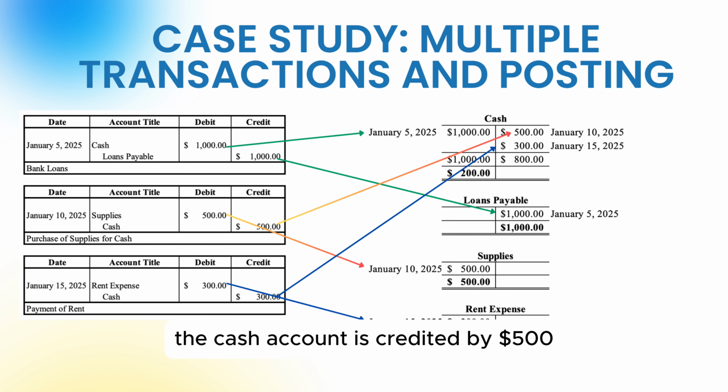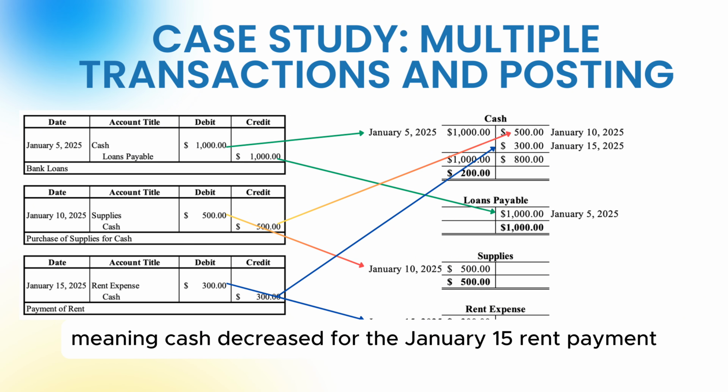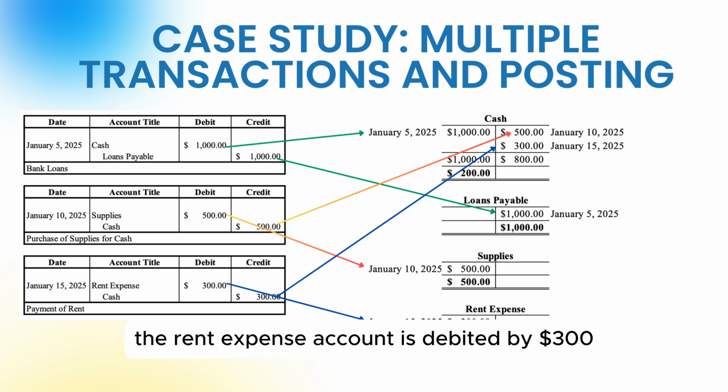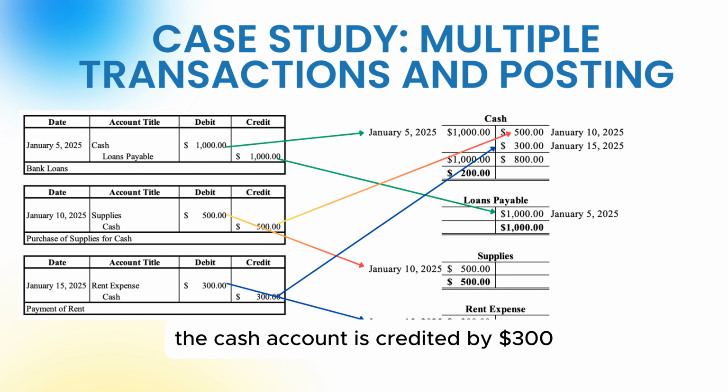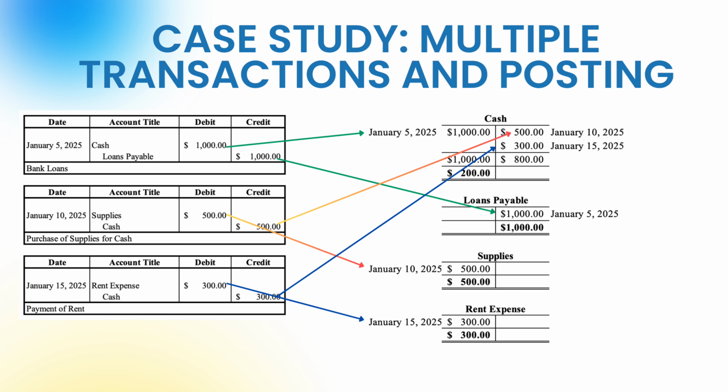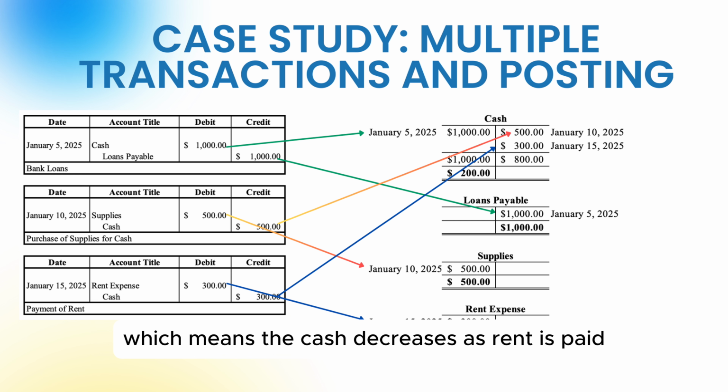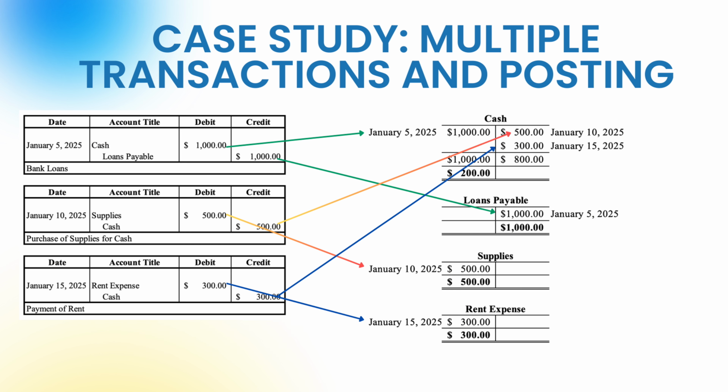The cash account is credited by $500, meaning cash decreased. For the January 15 rent payment, the rent expense account is debited by $300, which represents an expense. The cash account is credited by $300, which means that cash decreases as rent is paid.